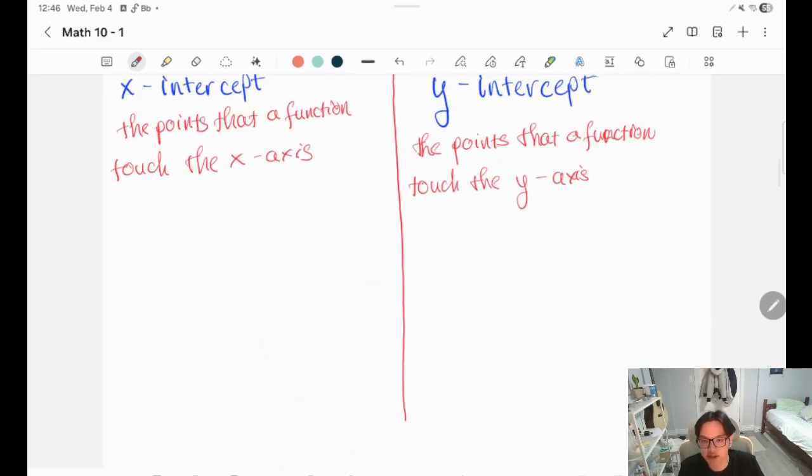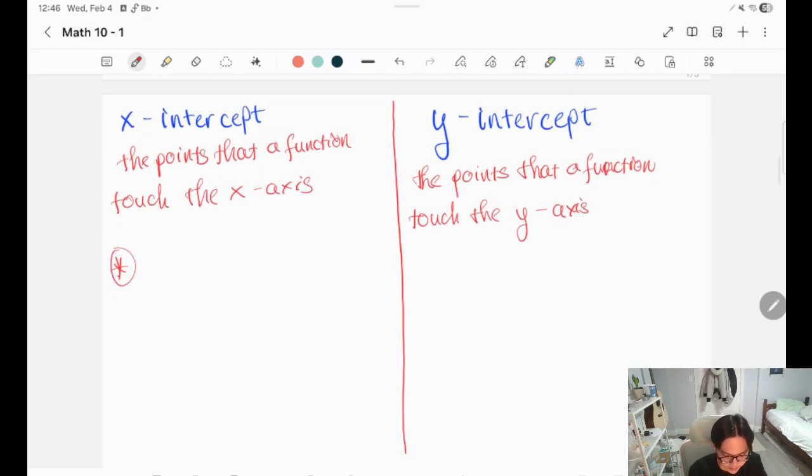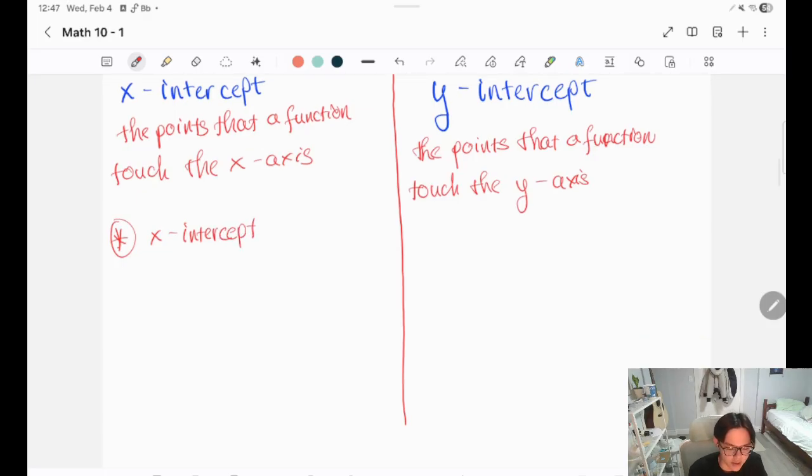And here there are two more important things. So I just take a star right here. The x-intercept, because it's lying on the x-axis, its y-coordinate needs to be 0 all the time in order to lie on the x-axis.